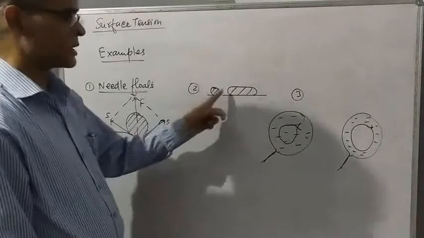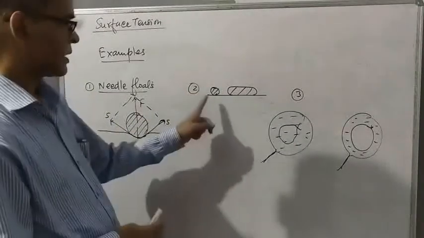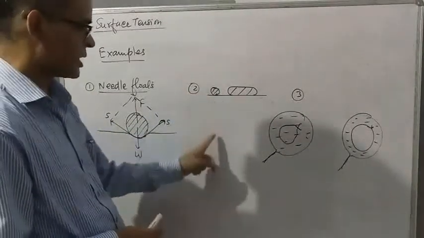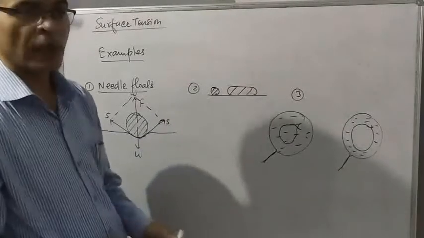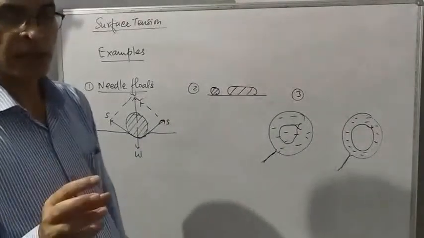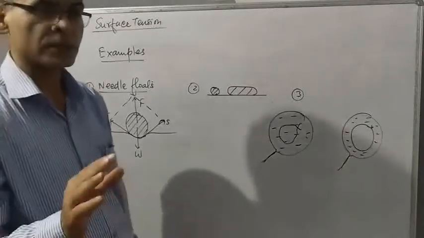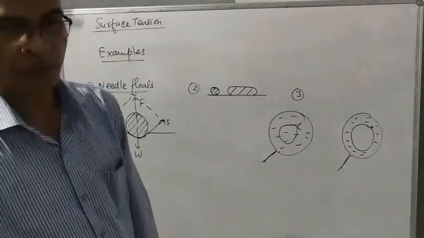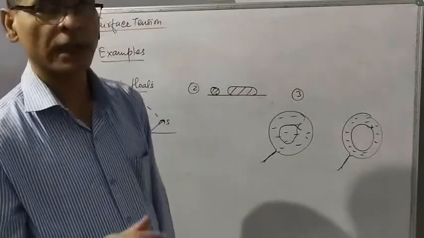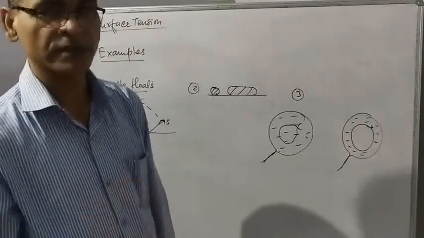This drop is experiencing two forces. Weight is trying to pull it down and surface tension is trying to keep the surface area minimum. Since the drop is small, weight is less effective than surface tension.